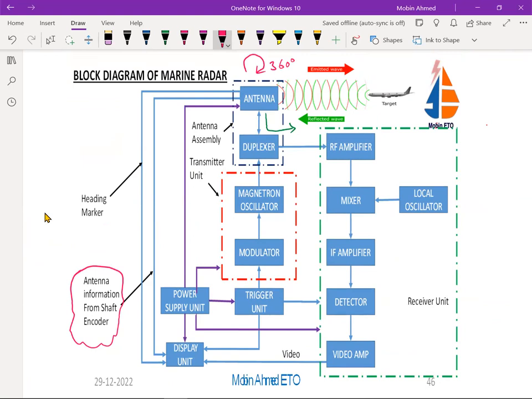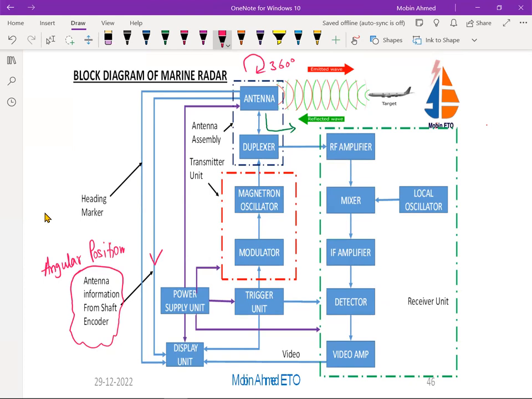So this is the angular position of the antenna. That is going to come continuously, and this will come to the display unit.